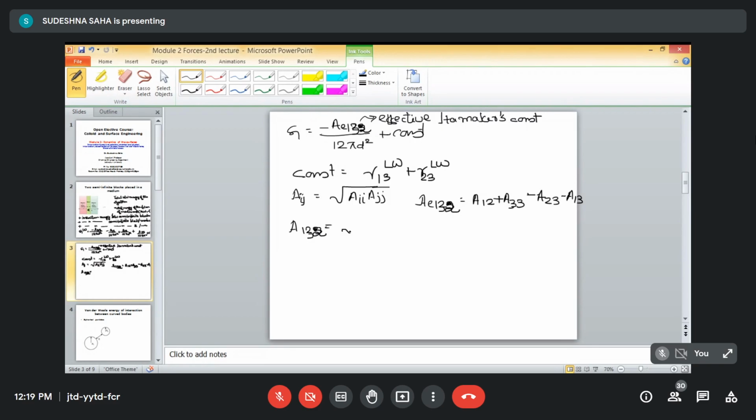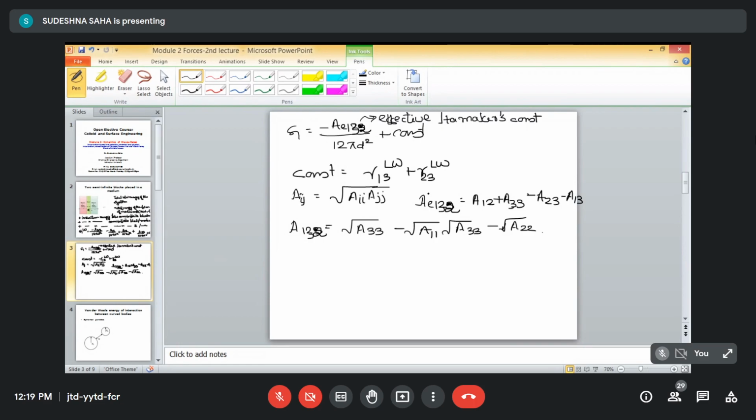So this one we can write as A33 minus square root of A11 A22. If you simplify it, you will obtain that.